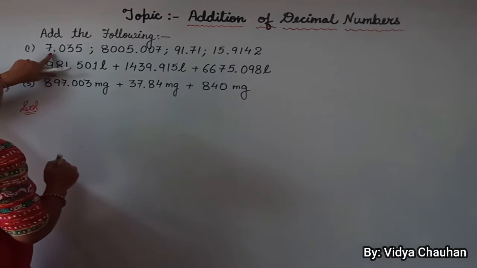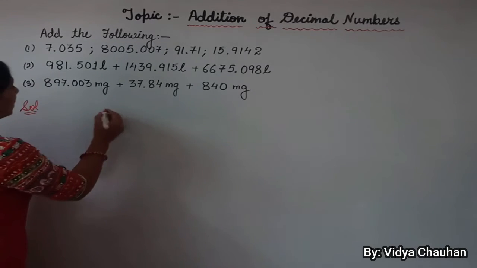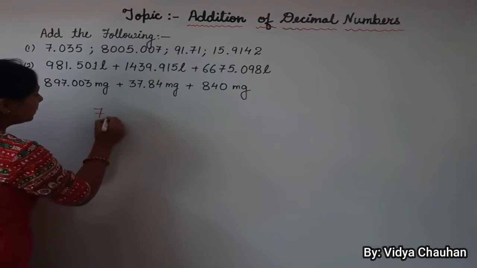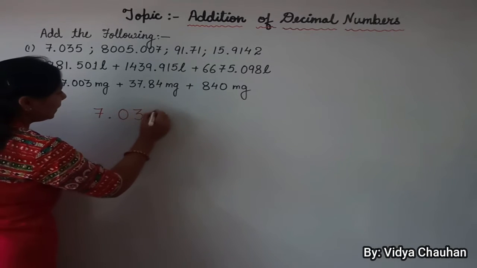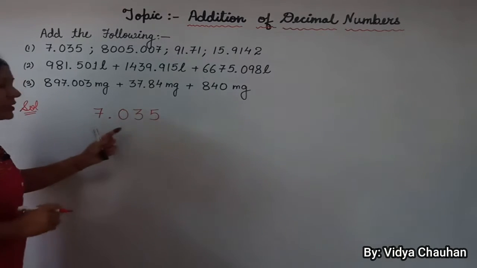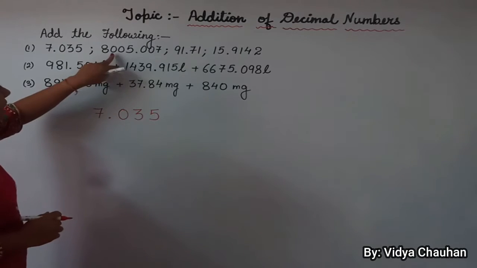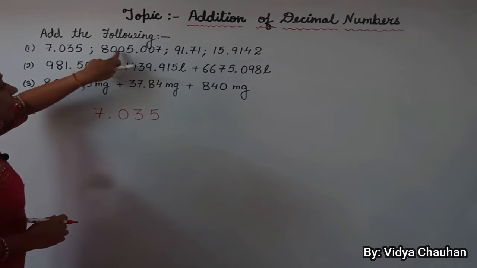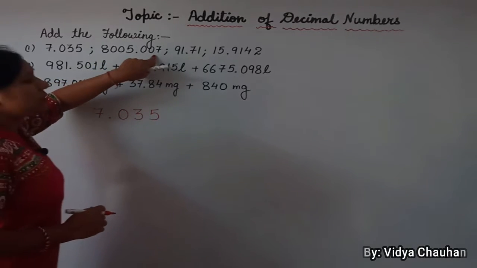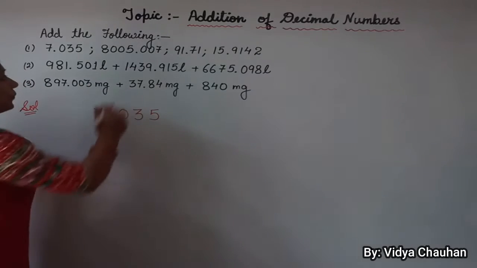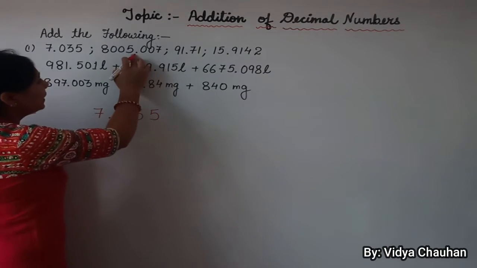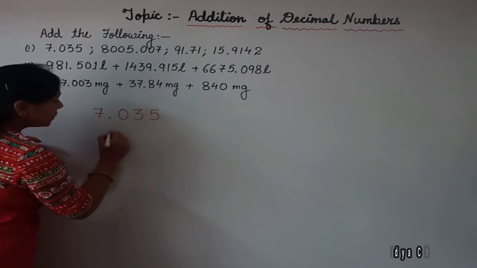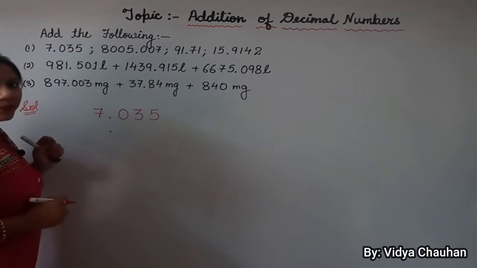Writing up the numbers, very first I'll write the first number, which is 7.035. So this is our first number. Now we have to write the second number, which is 8005.007. Since I said that you have to take care of the decimal sign, very first you have to put the decimal here.